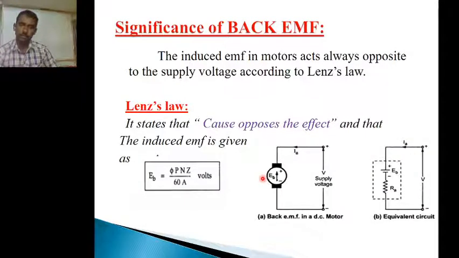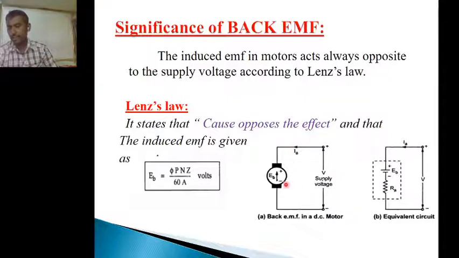Back EMF. When the rotor of the motor rotates in the magnetic field, to satisfy Faraday's first law, definitely some EMF will be induced, and that EMF direction can be decided by Lenz law. What is Lenz law? The effect must oppose the cause.